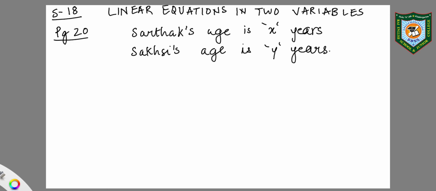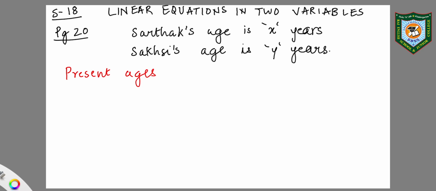Now, the one key word here that you all have to pay attention to is the word present ages. The word present ages means that today the age of Sakshi is Y and the age of Sarthak is X. So we are going to reframe our statement written in the video.